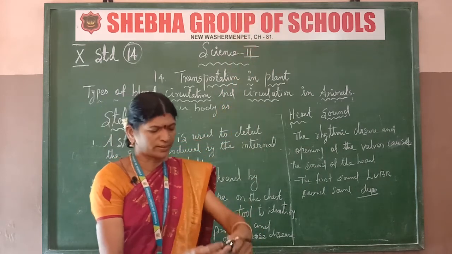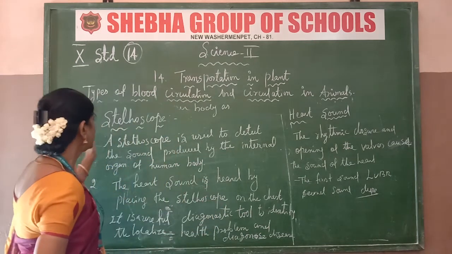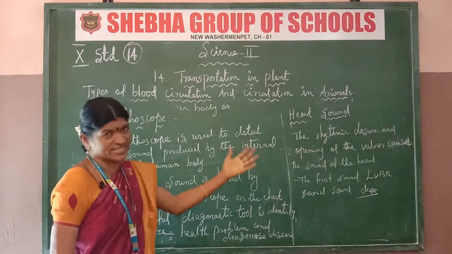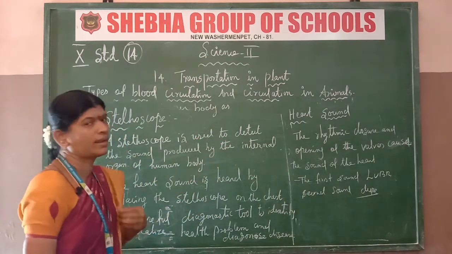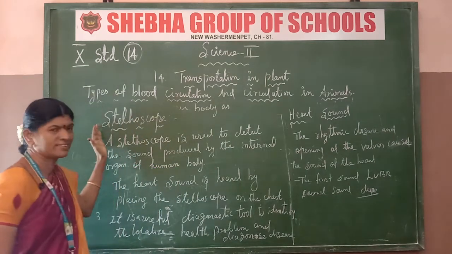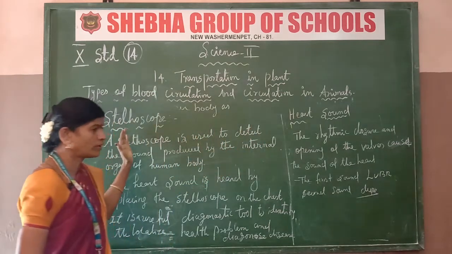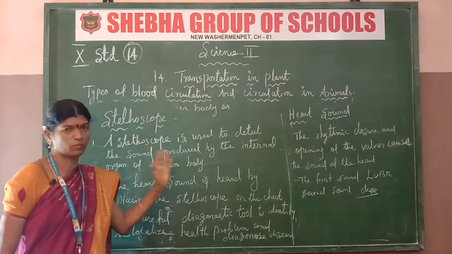I explained the stethoscope. What is the stethoscope? The stethoscope is used to detect the sounds produced by the internal organs of the human body.